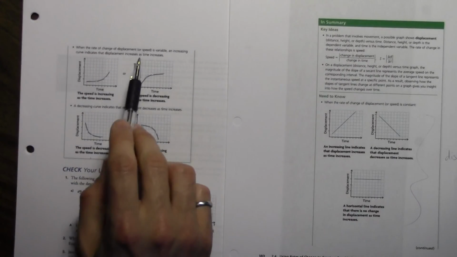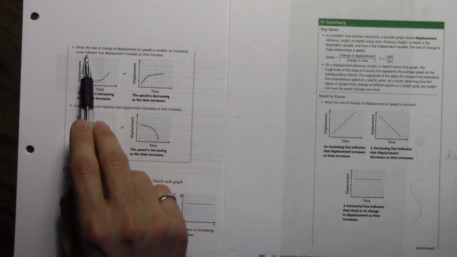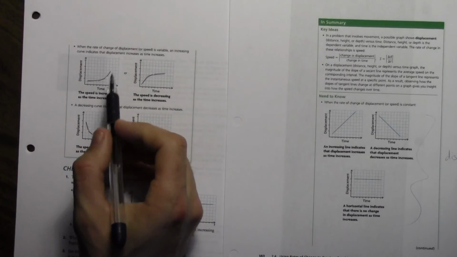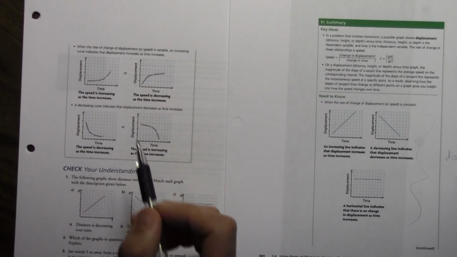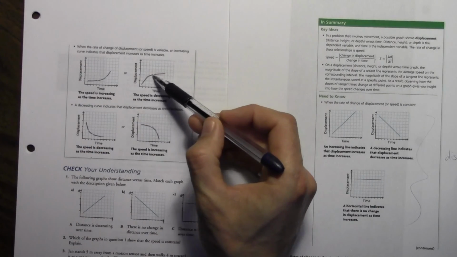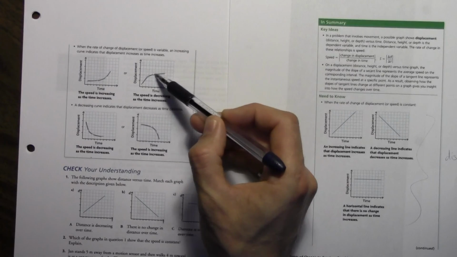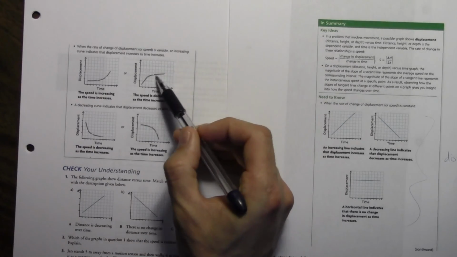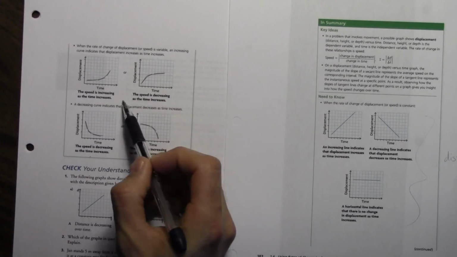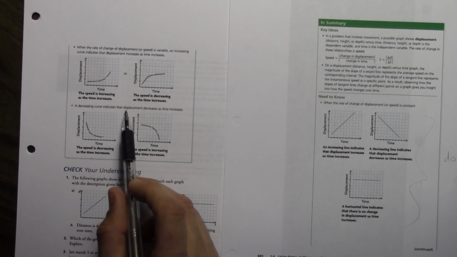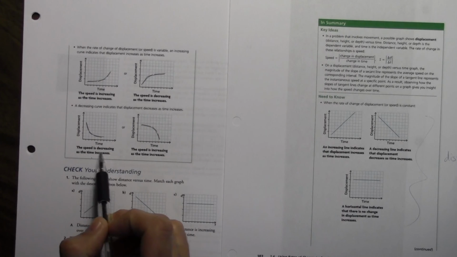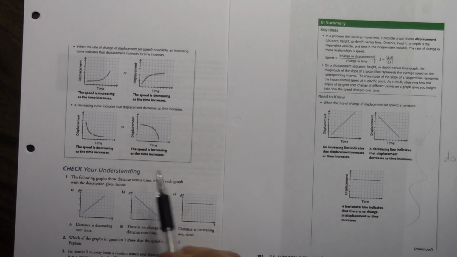When the rate of change of displacement or speed is variable, an increasing curve indicates that displacement increases as time increases. In other words, it speeds up. As the curve is this, it slows down. Speed is decreasing as time increases. Speed is increasing as time increases. A decreasing curve indicates that displacement decreases as time increases. The speed is decreasing as time increases.